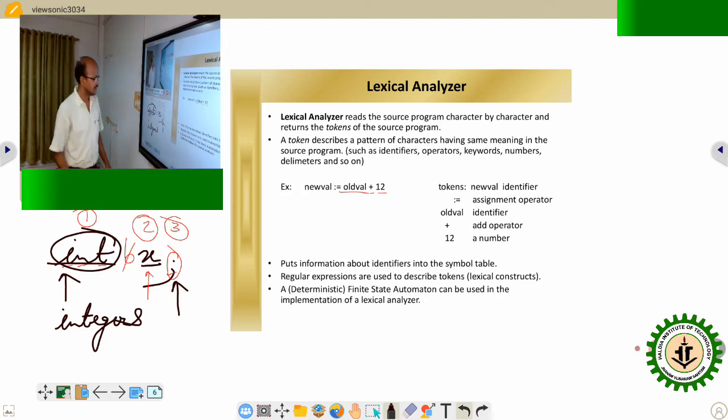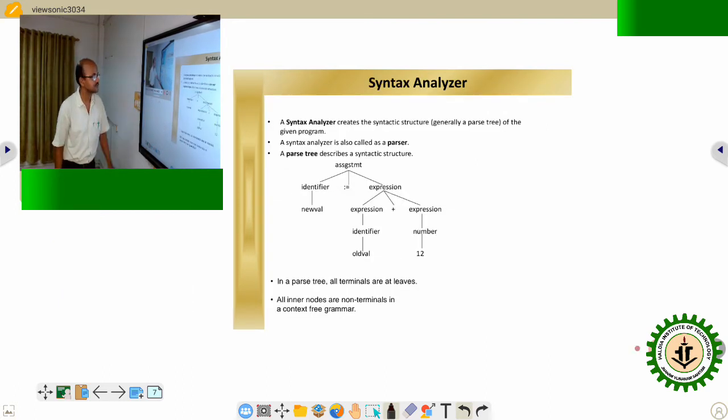Now come to the second phase of the compiler, which is the syntax analyzer. The syntax analyzer basically checks the syntax of the language. Syntax means grammar. As we write an English sentence, everyone has to abide by the rules of grammar.